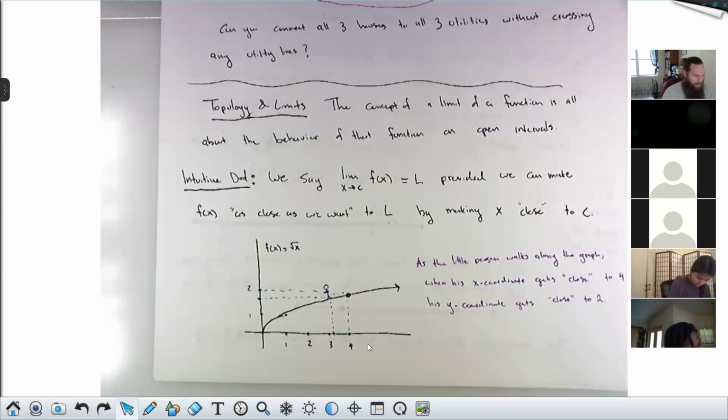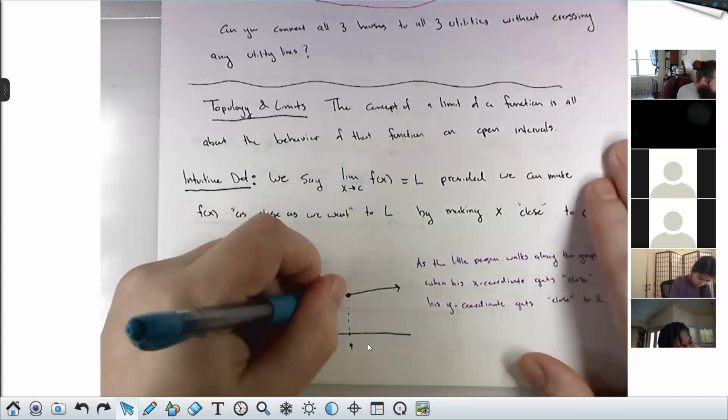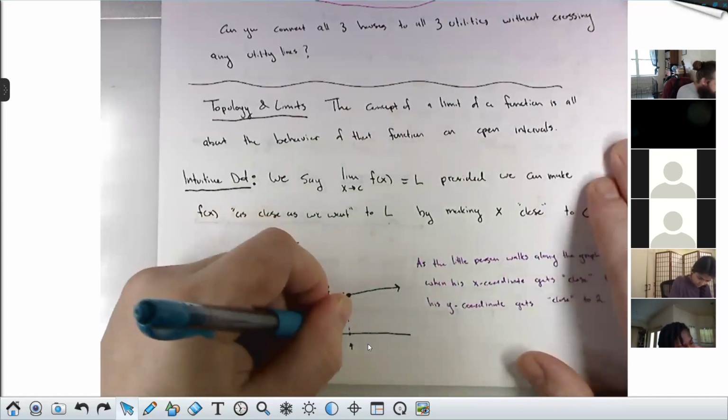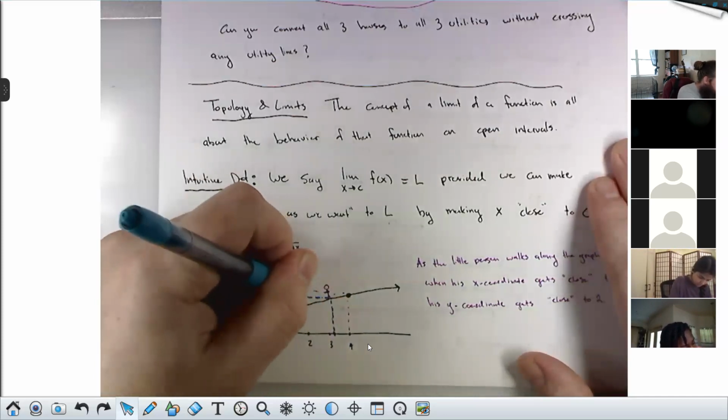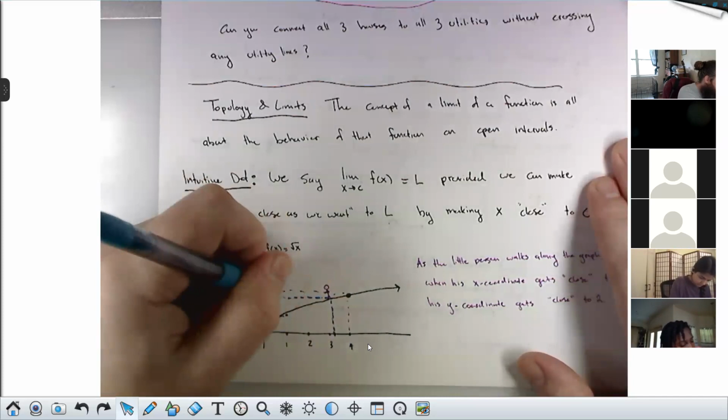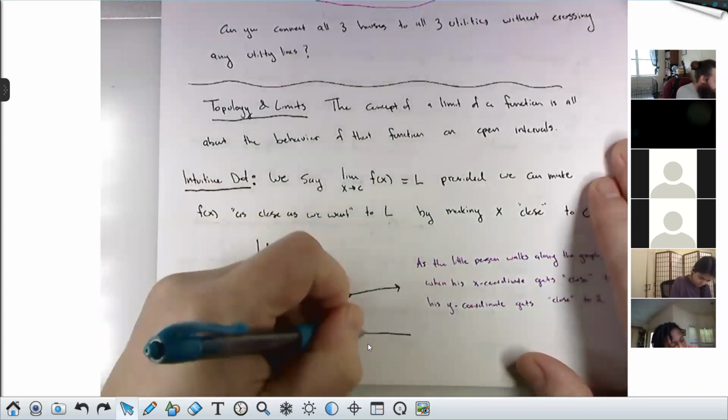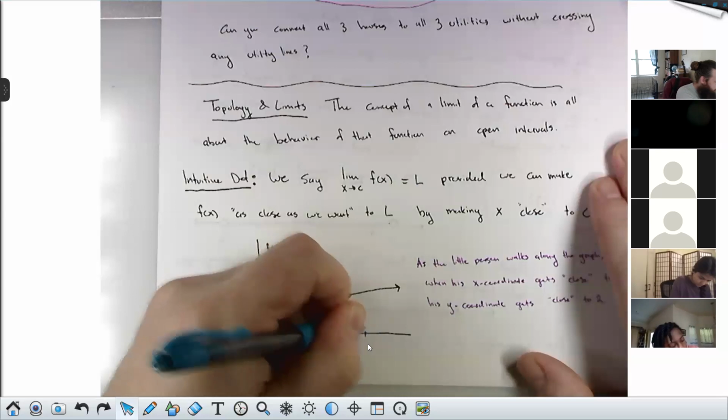All right, let me add a little bit more color here. Let me actually make this blue. And let me add one on the other side here.